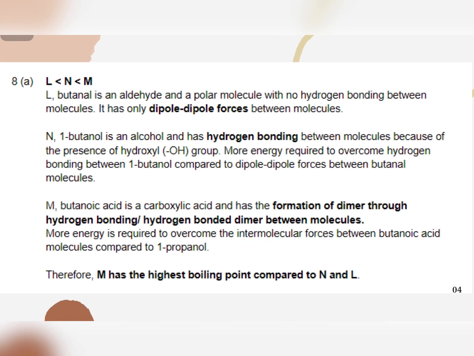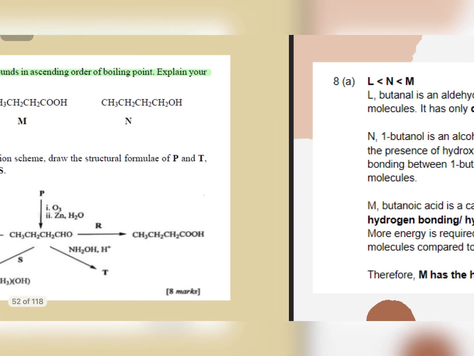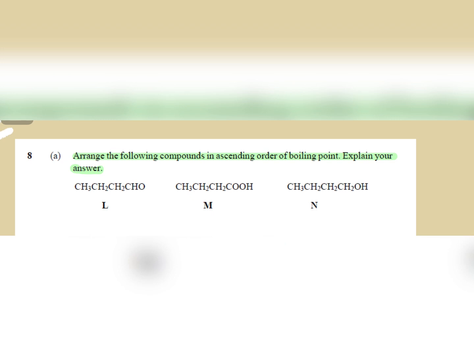Okay, so this is the explanation. So L, which is the aldehyde, is the least boiling point. Okay, followed by N, dan M adalah the highest boiling point. So why? Because tadi kita nampak L ini adalah aldehyde, M adalah carboxylic acid, N adalah alkohol. So untuk aldehyde dia tak boleh buat hydrogen bond.